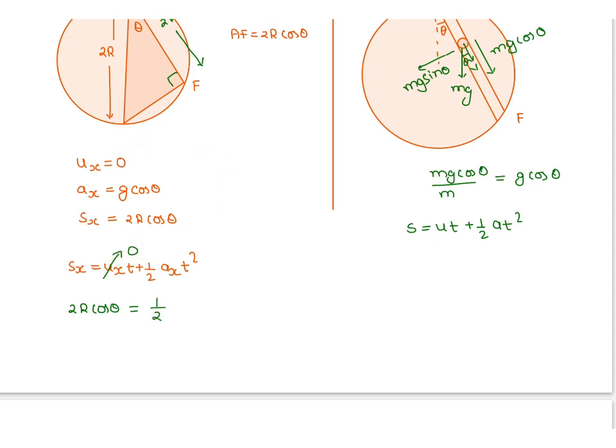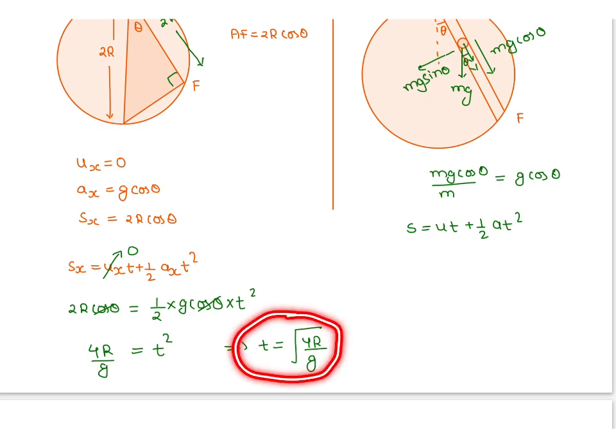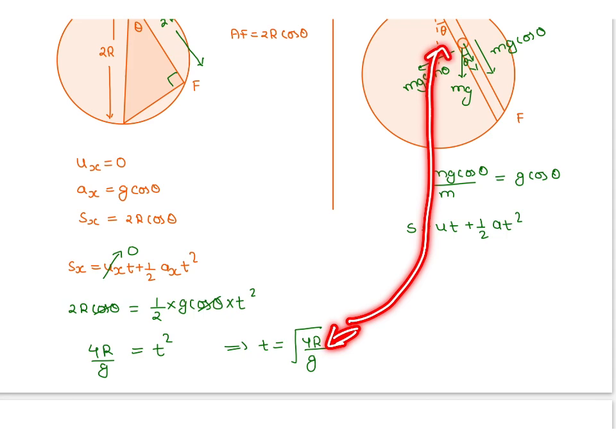So 2r cos theta equals half into g cos theta into t square. This cos theta will get cancelled and t square comes out to be 4r by g, which implies t is equal to the square root of 4r by g. And this expression is independent of the angle of inclination.